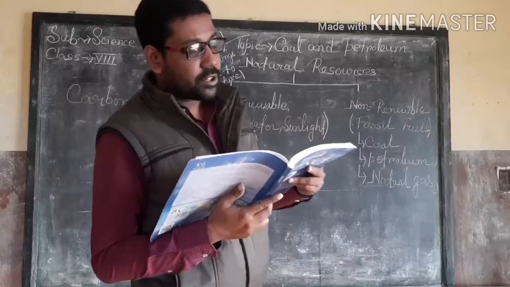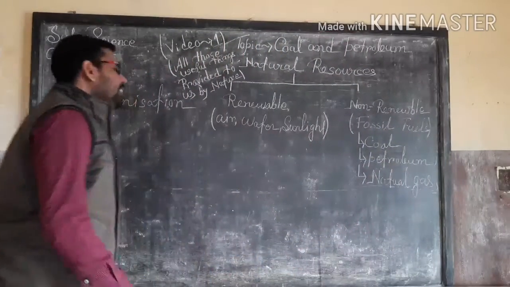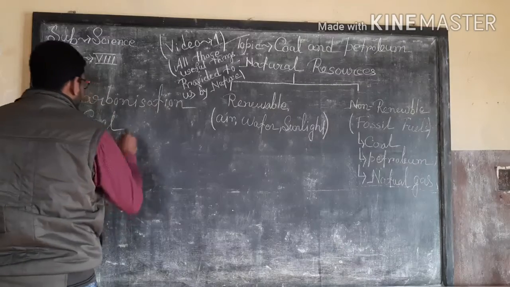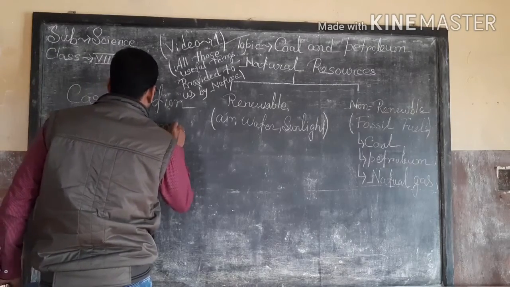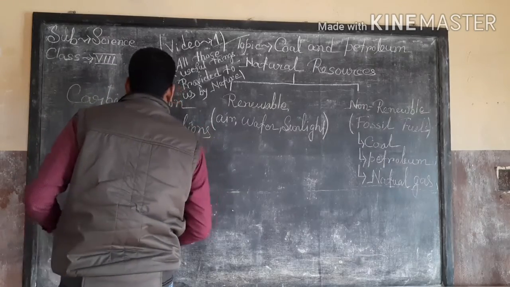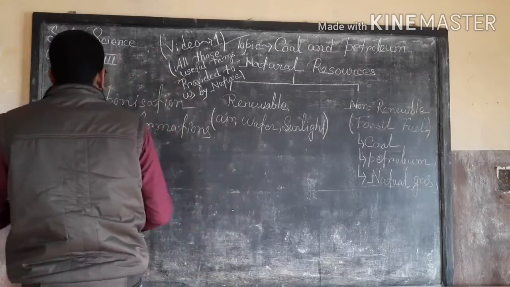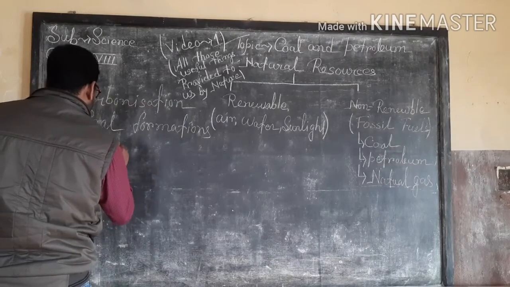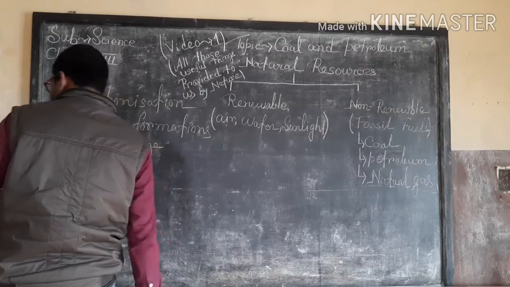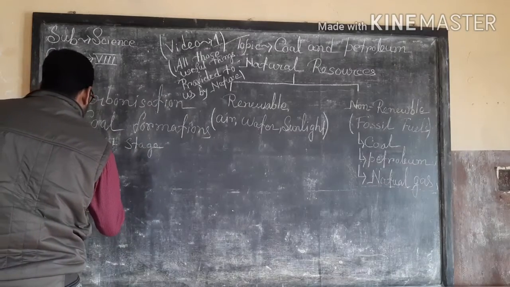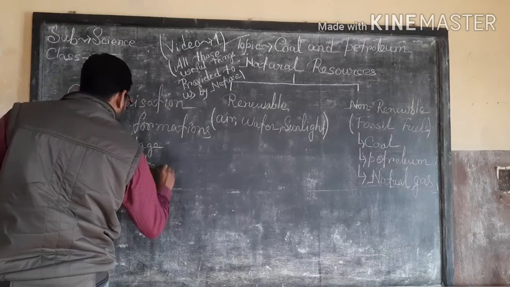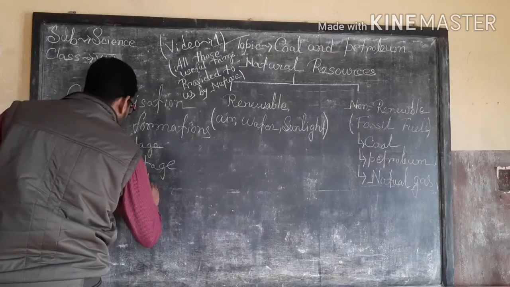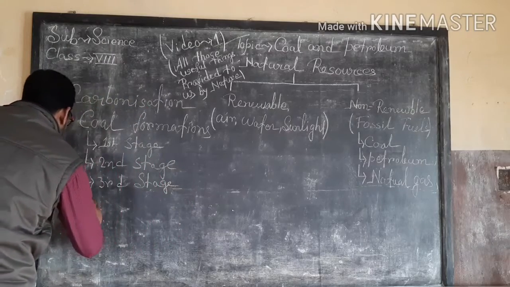After that, the different stages of coal formation. With respect to coal formation, it can be divided into four parts: the first stage, second stage, third stage, and the fourth or final stage.